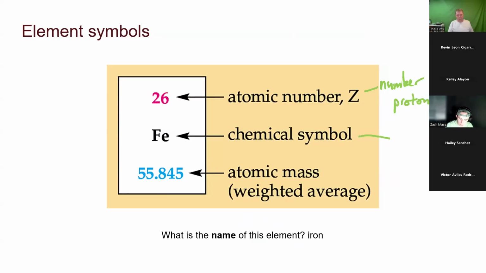Fe is our chemical symbol, and that mass right there is our weighted average. Now, this accounts for our atomic abundance, or the relative abundance of different isotopes.